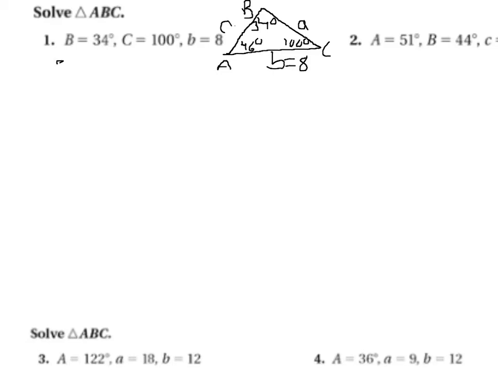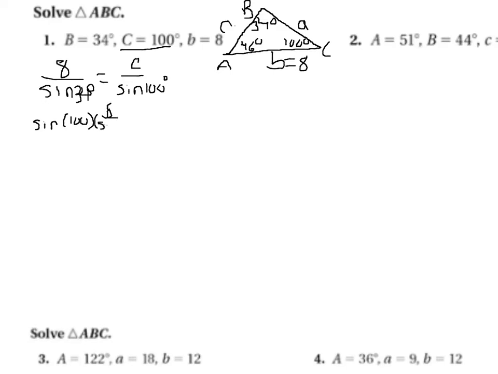So I go side B divided by the sine of angle B equals the other angle we were given to start with, C, so I say side C over the sine of 100. Multiply by the sine of 100, you get the sine of 100 times 8 divided by the sine of 34 equals C. So hit that in your calculator.